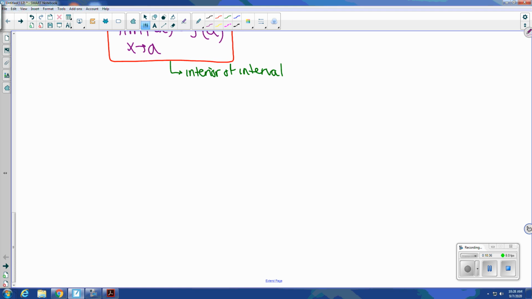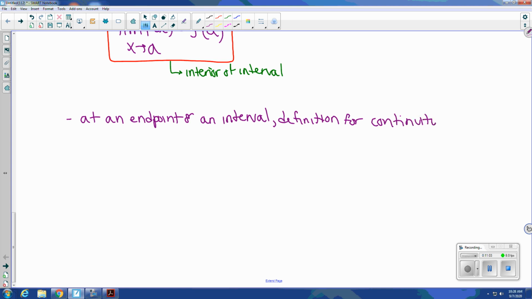So at an endpoint of an interval, the definition for continuity is, for the left endpoint, the limit of f of x as x approaches a from the right, again, from the right moving left, so that will get you to the left endpoint of the interval, has to equal the function output at that point.